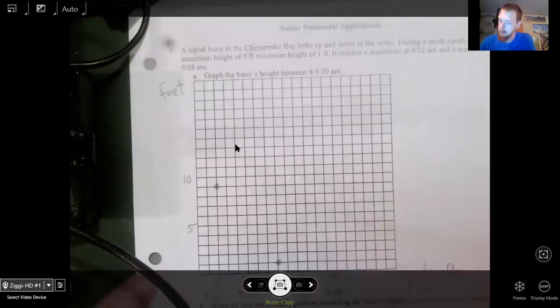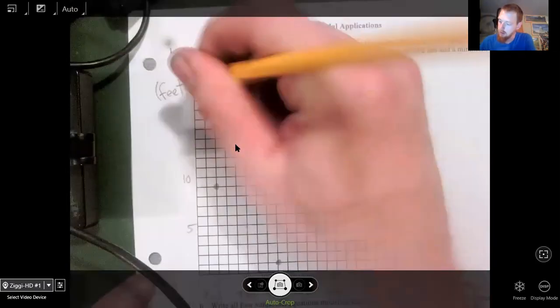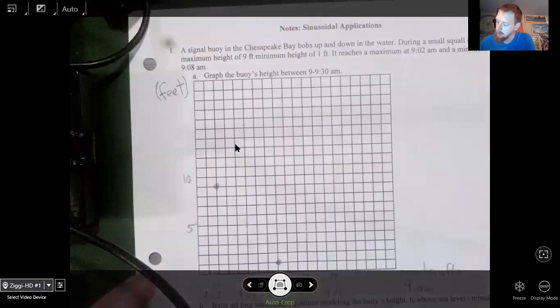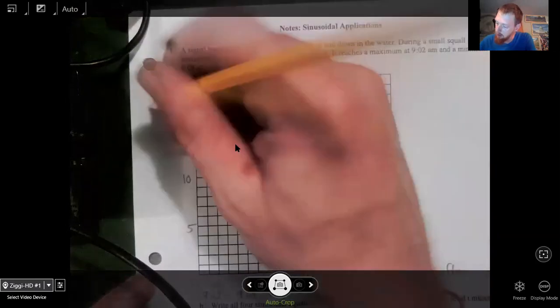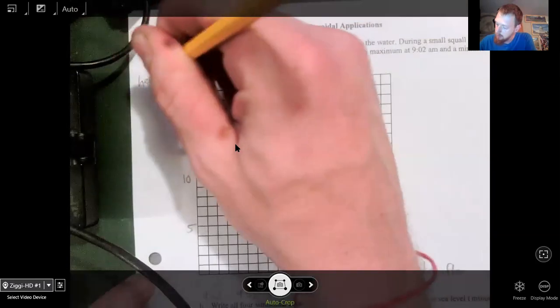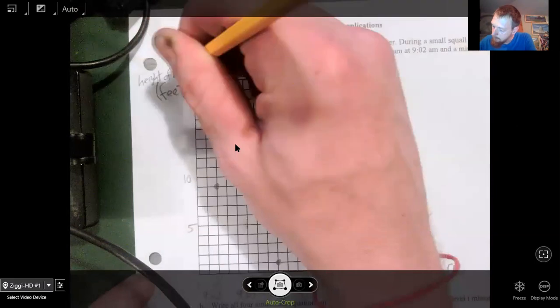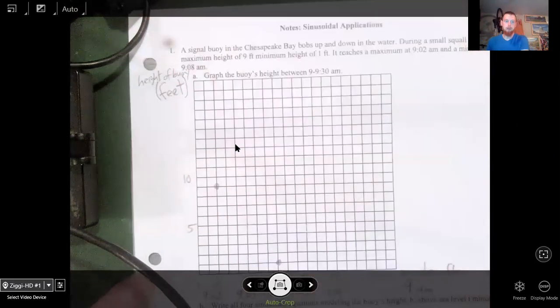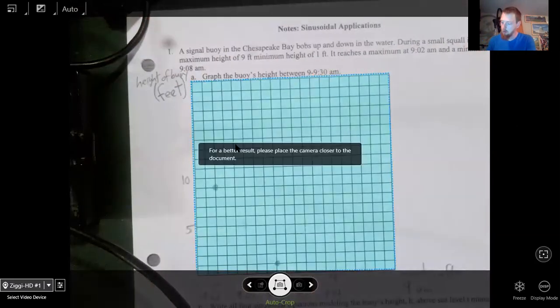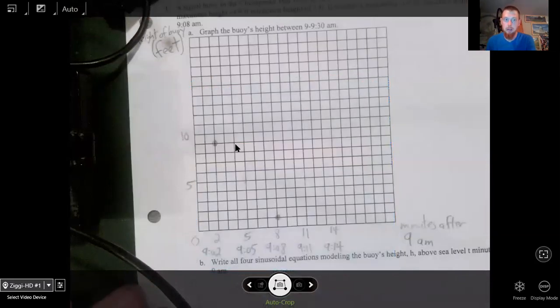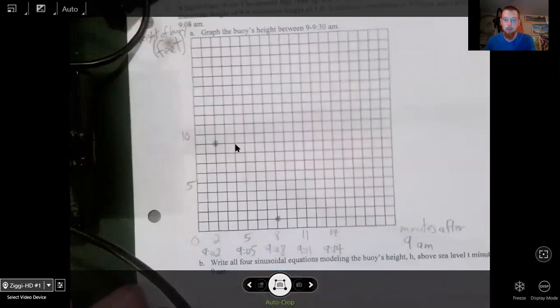What we're measuring in feet is the height of the buoy. That's our dependent value. Our independent value is going to be the number of minutes after 9 a.m.